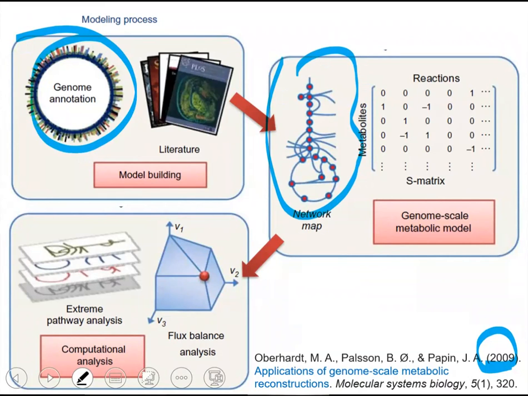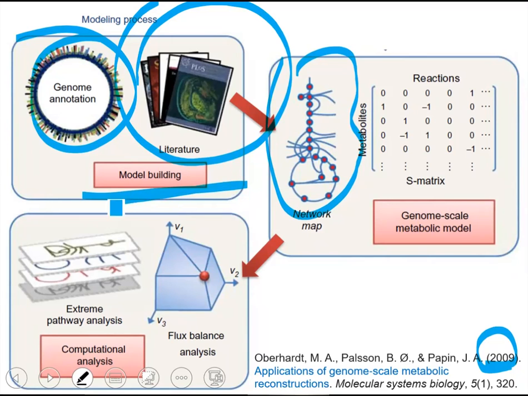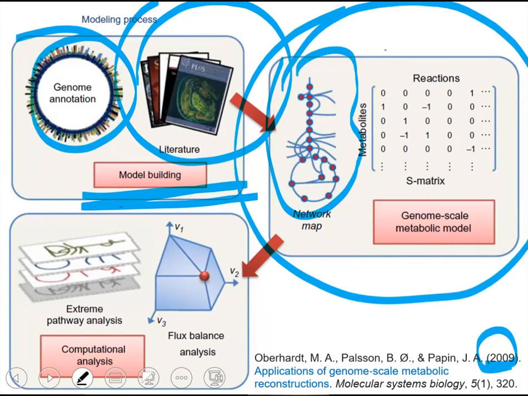But also, there are several reactions that are known to take place in that organism, but somehow this information doesn't come from genome annotation. So you should also check publications to identify reactions that are known to take place in your organism. So this is the model building stage. And then with some other refinement steps at the end, you will have your genome-scale metabolic models.